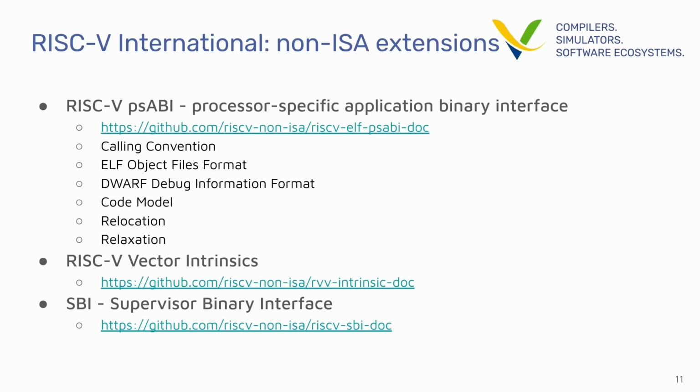This document includes the calling convention, the RISC-V specific parts of the ELF object file format, the DWARF debug information format, the code models for RISC-V, and relocation and relaxation. There's also the RISC-V vector intrinsics documentation, which is currently being written. And there is the SBI, the supervisor binary interface.